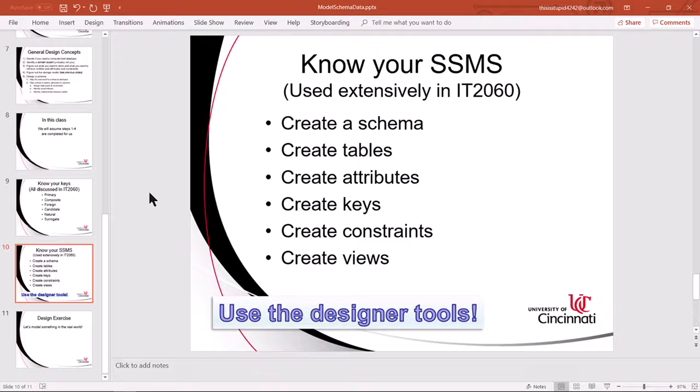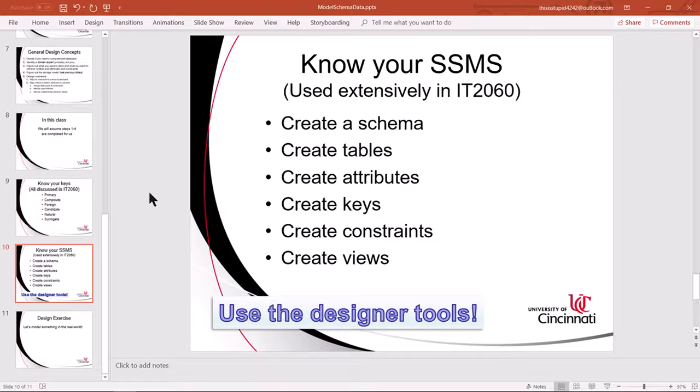Use the table creation tool. With the table creation tool, you can build attributes, you can define constraints, you can create keys, you can define foreign keys and relationships between tables. With the view creation tool, you can do a lot of basic to intermediately complex views.